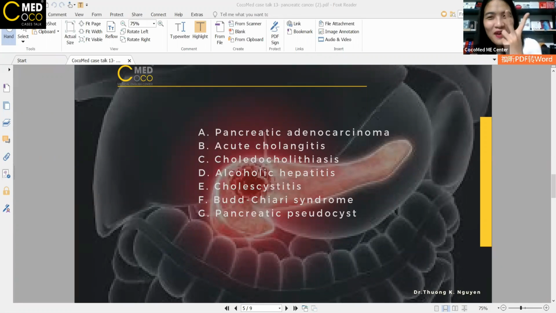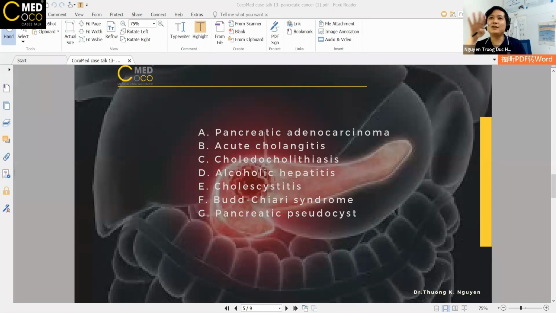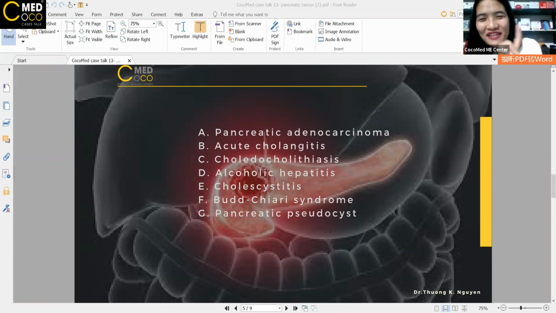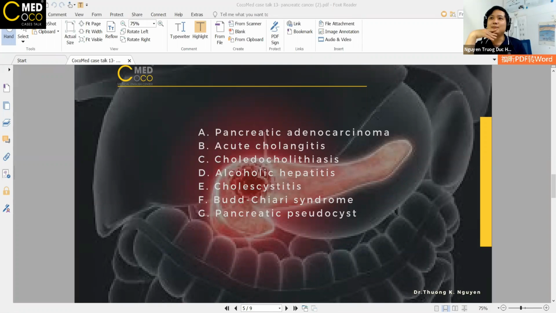No, not 50-50, maybe 70 and 30%. Maybe pancreatic adenocarcinoma is 70%, and when you are in the test, you pick that option. But in the test, you don't have time to think a lot, and you should make the decision very directly.